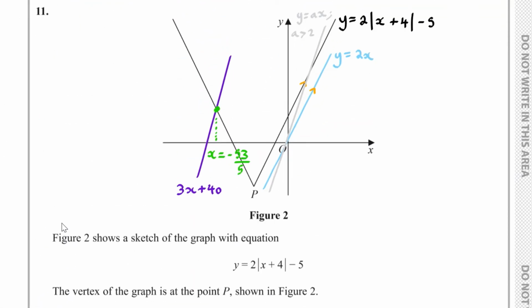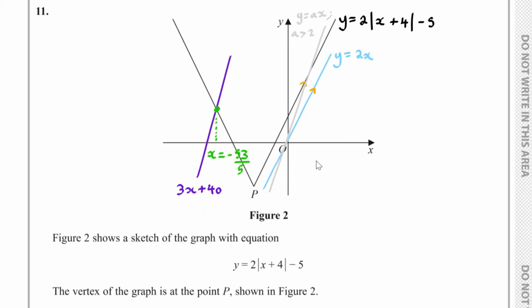And another way we can intersect the graph is if we have a gradient, say over here, where it intersects over here. Well, actually, it intersects at this point P.